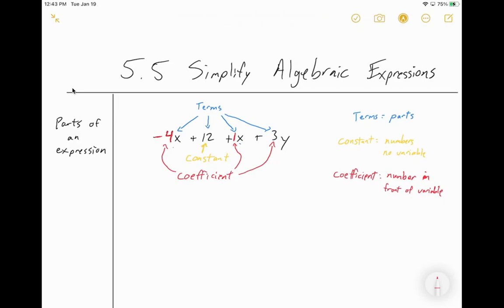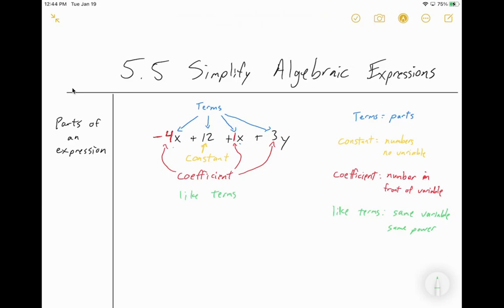Okay. So one more term, which is like terms. Like terms have the same variable to the same power.